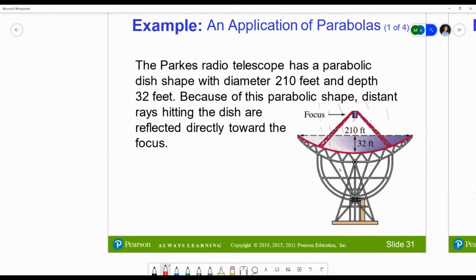Okay, and this is how a lot of heat shields work. If you look at those heat fans that have the parabolic shape, the heat will radiate off of this and go in a direction like this.